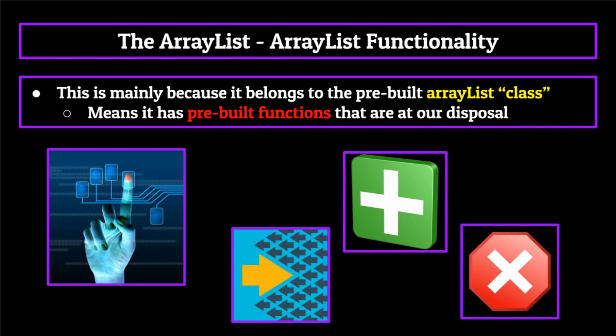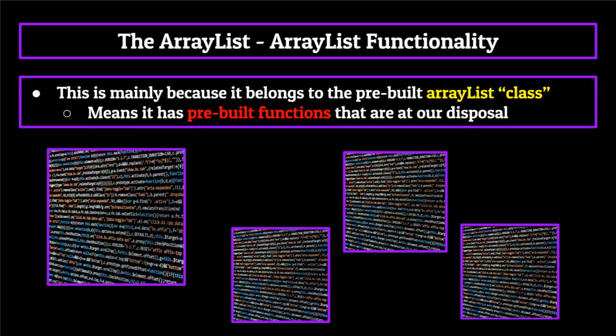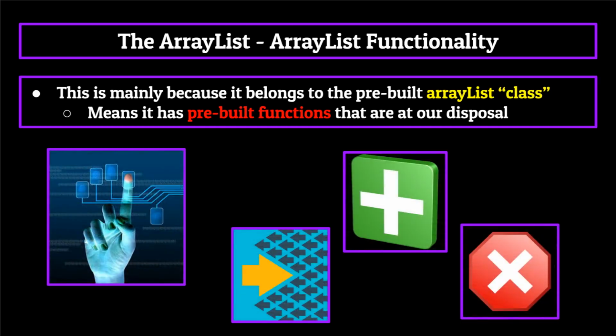If you were using an array, you would have to program most, if not all, of these methods by hand, and so having them pre-built into the ArrayList class makes it especially useful. You'll see that this is the case with a lot of the data structures down the road, where having a data structure belonging to its own class cuts out a lot of programming time you have to spend making appropriate methods for the functionality that you might want.